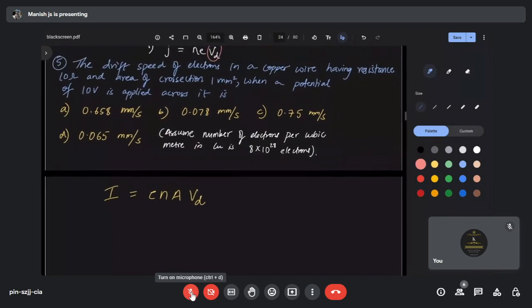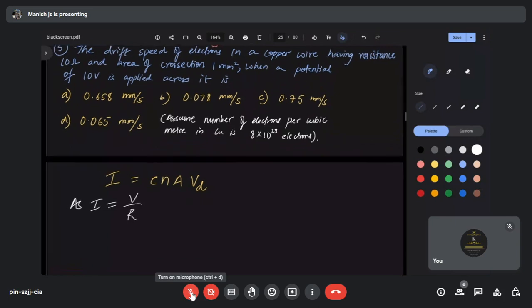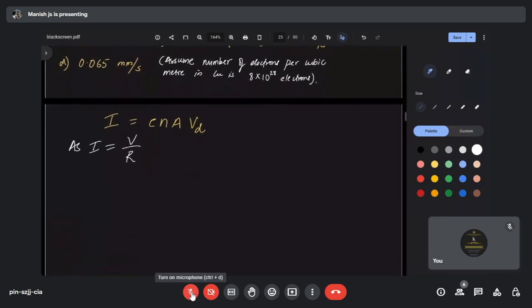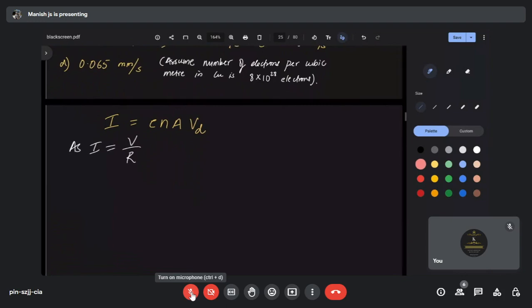Here you have potential and you have resistance. So how can we remodel this or reframe it? You can write current in terms of Ohm's law, isn't it? So I is equal to V by R. So you can go for a rearrangement. You can express current in terms of potential and resistance.